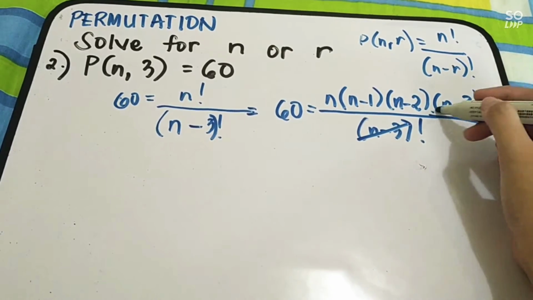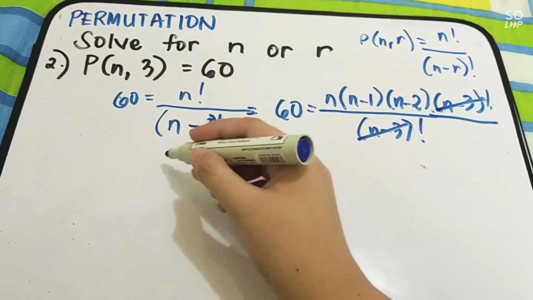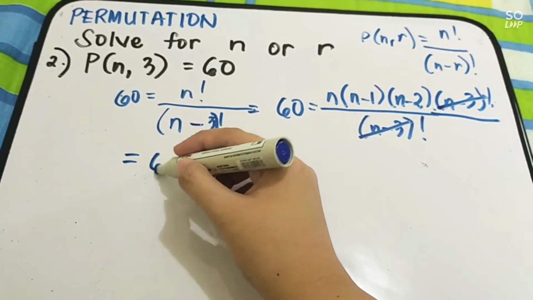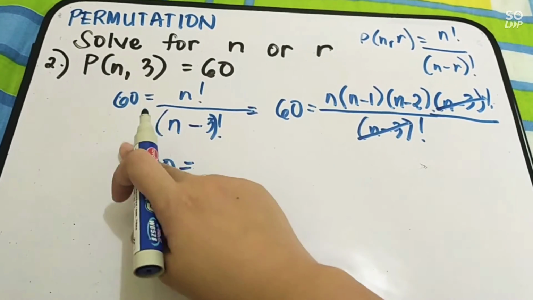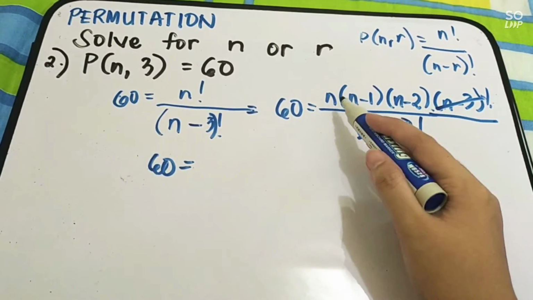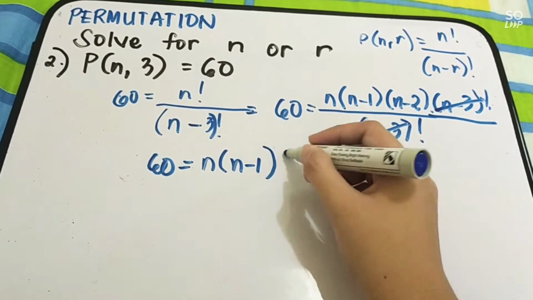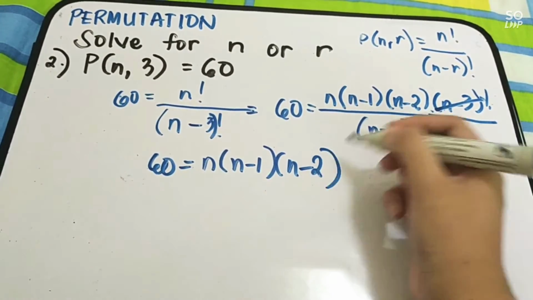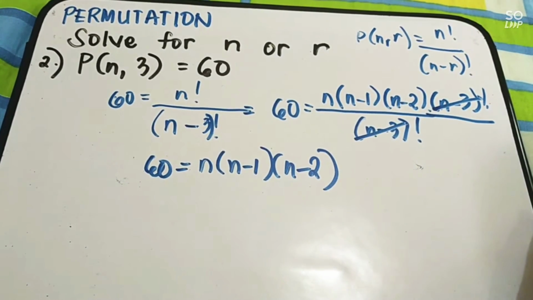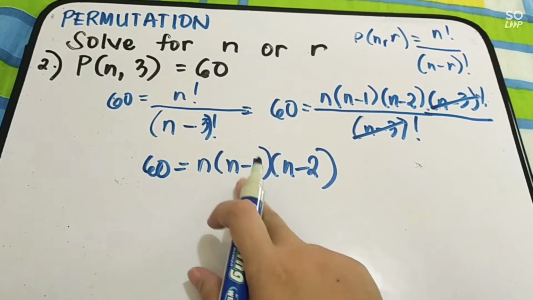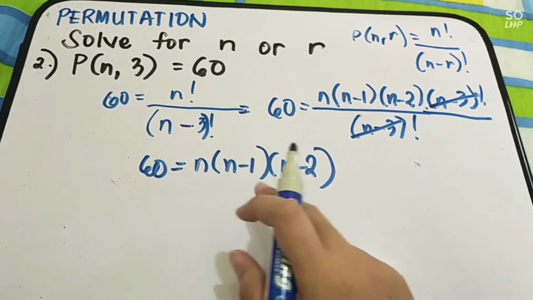Then cancel out, cancel out. So, then we have 60 is equal to n times n minus 1 times n minus 2. So, now, how will you find n in this case?